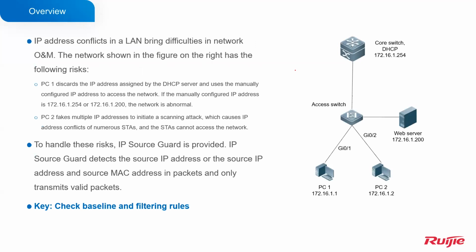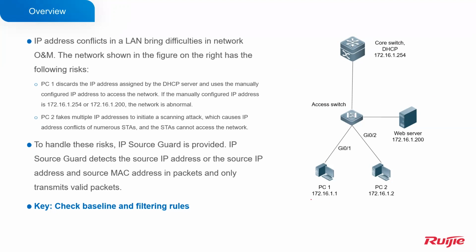IP address conflicts in a LAN bring difficulties in network OM, and the network shown in the figure on the right has the following risks. Let's first take a look at this figure. We have two PCs, right? And you can see the IP addresses of them.